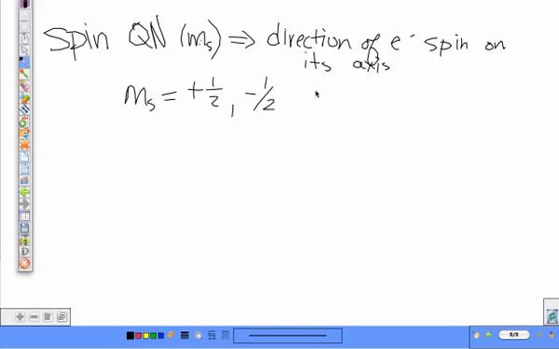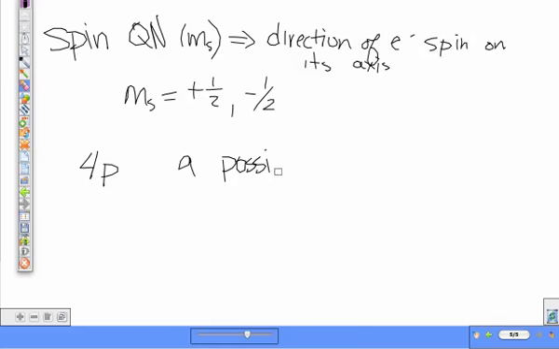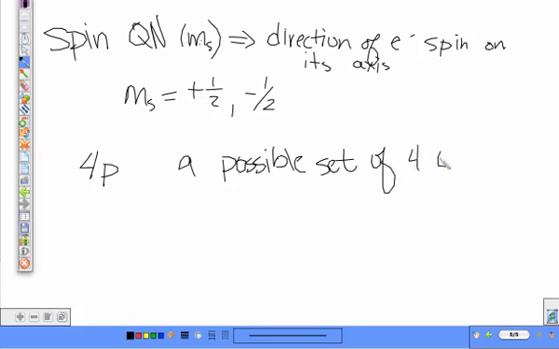If you have a 4p sublevel, what is a possible set? One possible set of 4 quantum numbers: n, l, ML, MS. I want one of those.